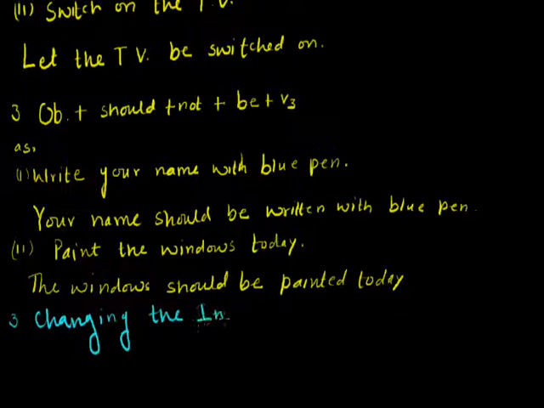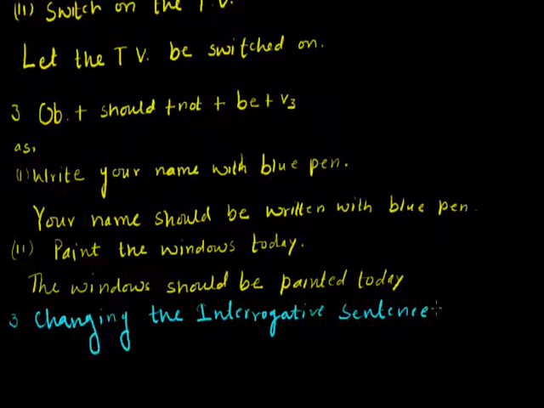And we are all aware that in all kinds of sentences of which we are going to make the passive voice, we need an object. So in the interrogative sentence we would definitely need the object to make the passive voice.